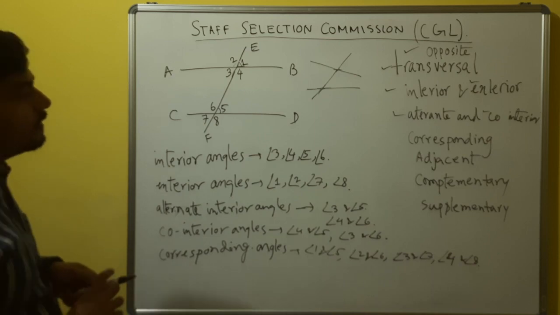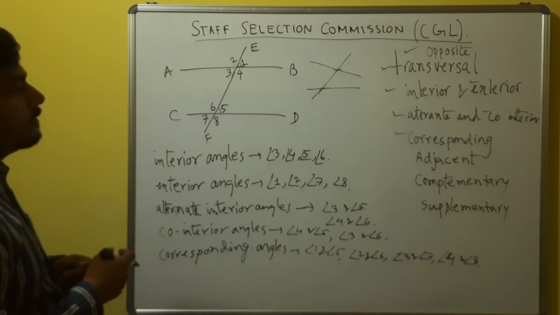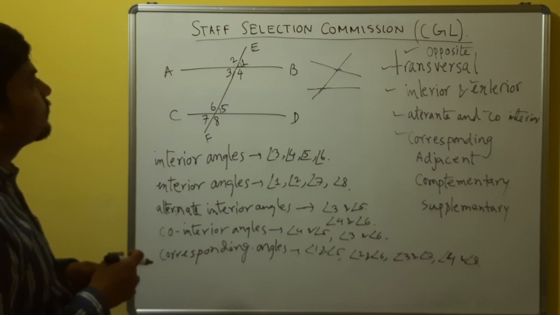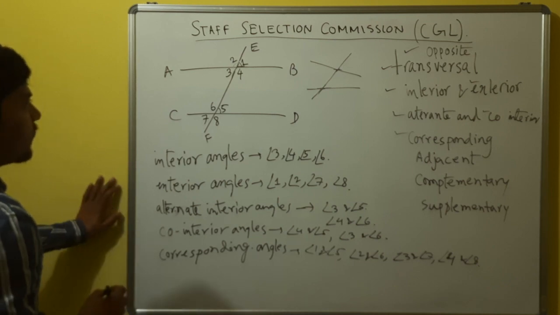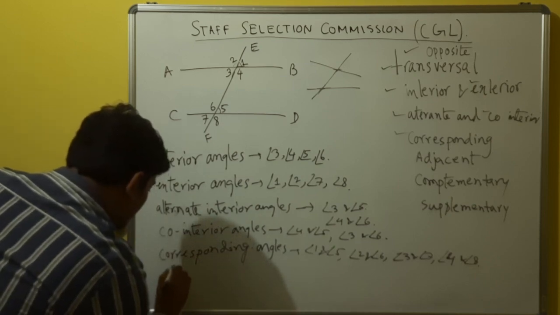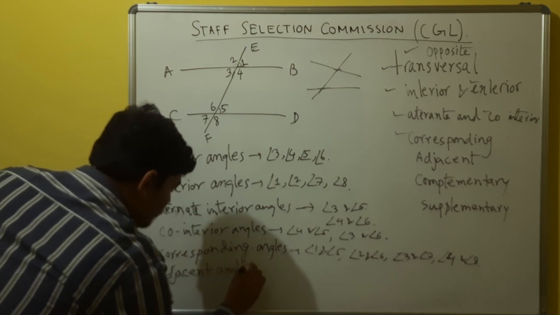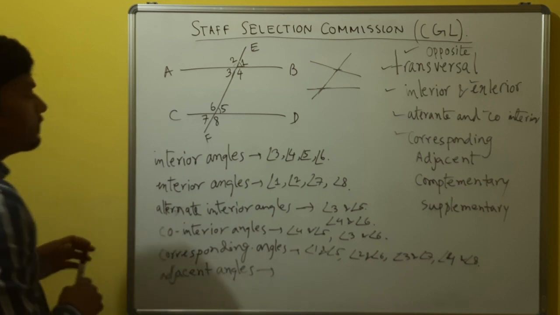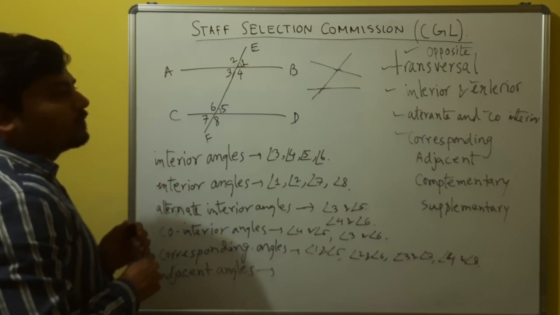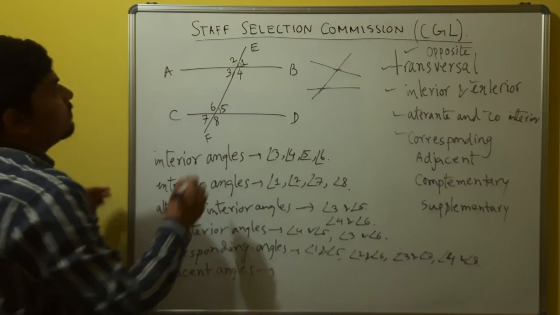What is the other thing? Another thing is adjacent angles. Adjacent angles means which are on the same line and which are sharing one common arm.